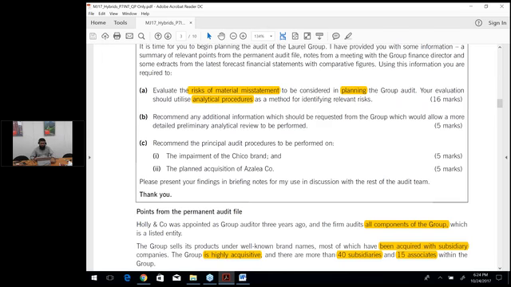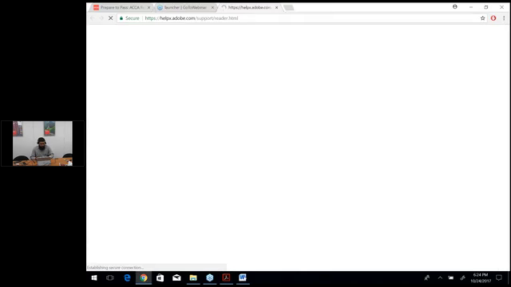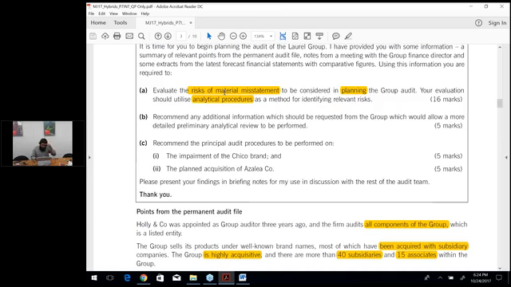Now we need to move forward and discuss further. The next requirement says: recommend any additional information which should be requested from the group, which would allow a more detailed preliminary analytical review.